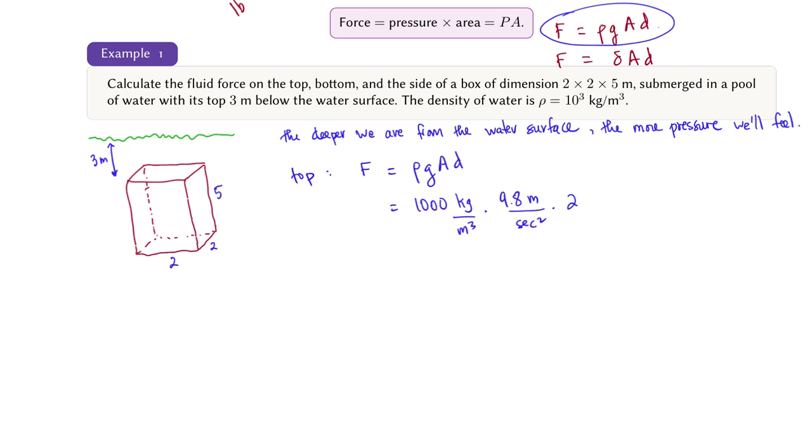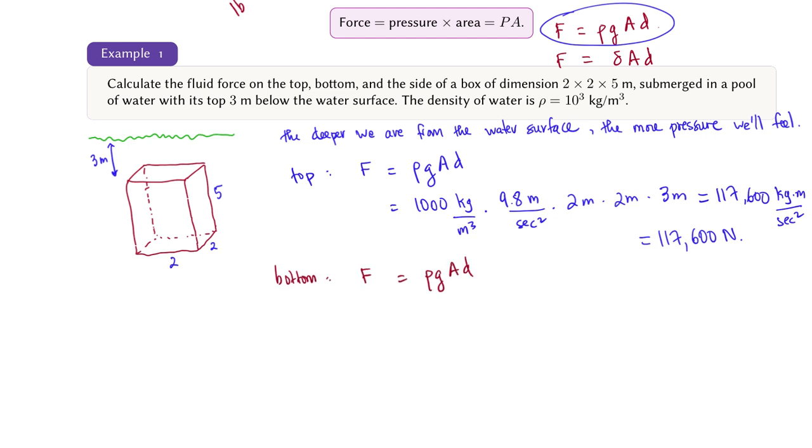The area is the area of the surface, which is 2 by 2. The depth is 3 meters from the water surface. This is 117,600 kilogram meters per second squared, or 117,600 newtons.